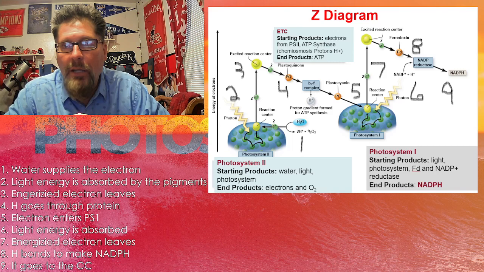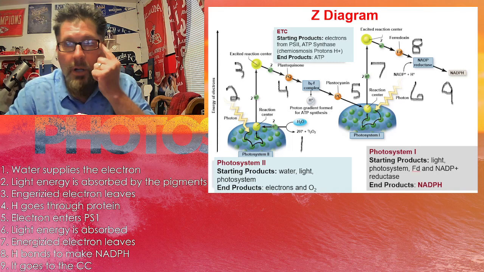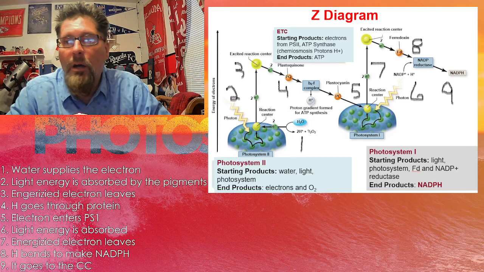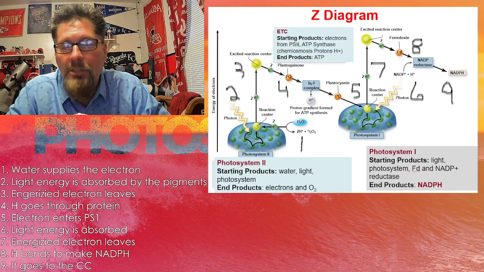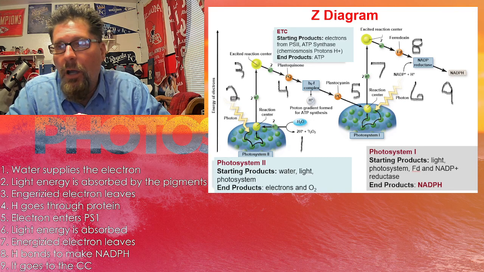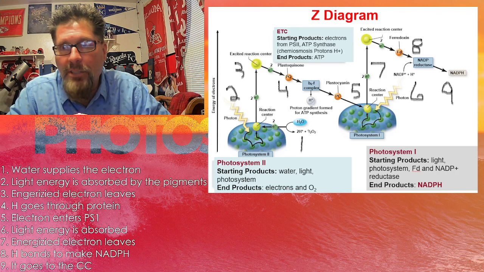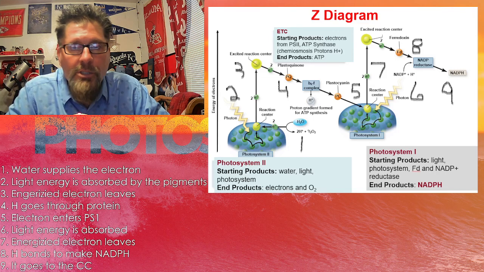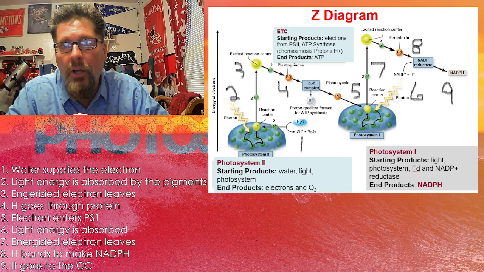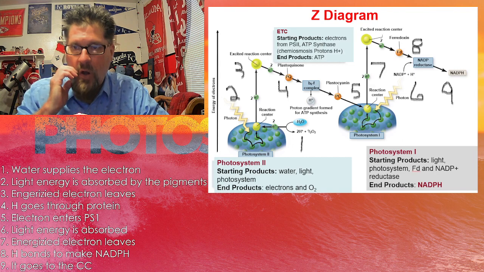And then 8, just like 4, the electron is accepted by a carrier, and of course then you have the H's going through the ATP synthase. You're making ATPs, and of course the molecule NADPH and the ATPs all head to the Calvin cycle at step 9.